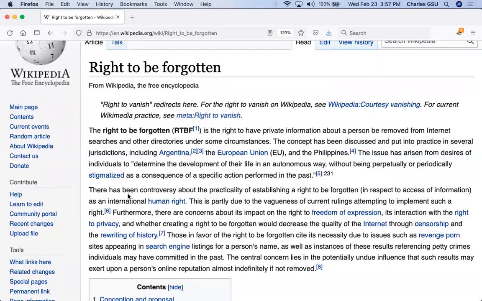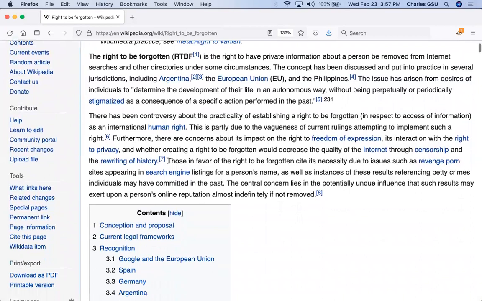But should the, like here, this says, those in favor of the right to be forgotten cite it's necessarily due to issues such as revenge porn, right?